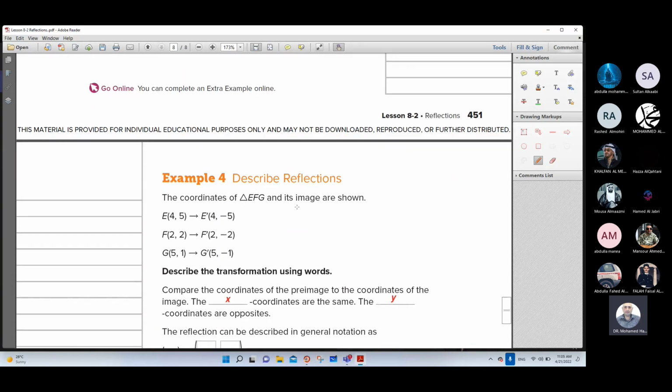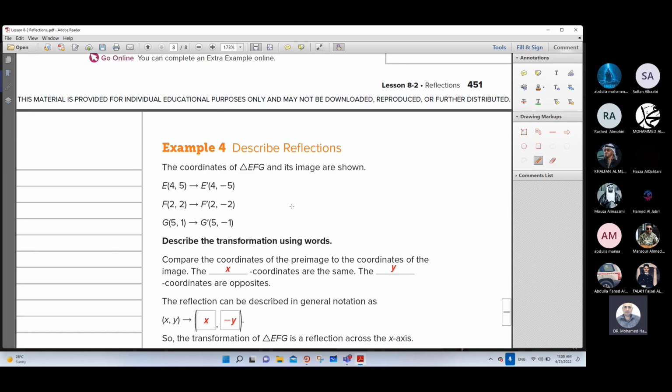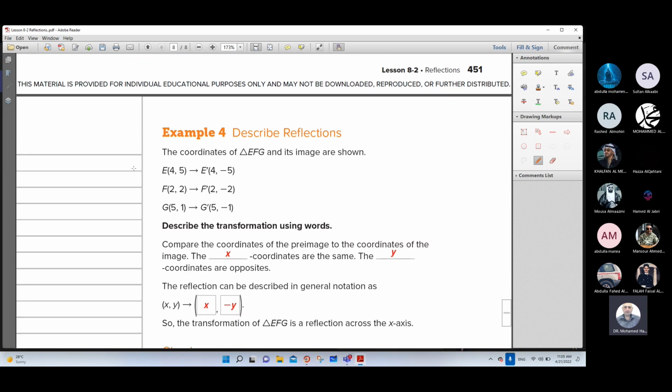Now describe the reflection. This is the opposite type of question. The coordinates of triangle EFG and its image are shown. As you see here, we have E and E prime. Compare between them. Here we have 4, here 4. Here 5, here minus 5. We have the same x, but here we have the opposite one.